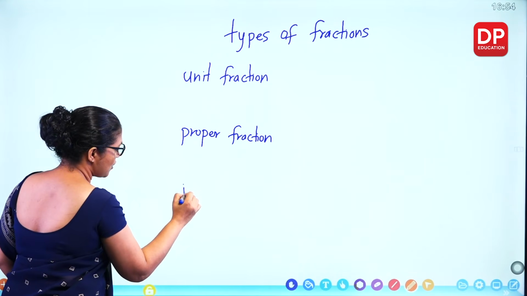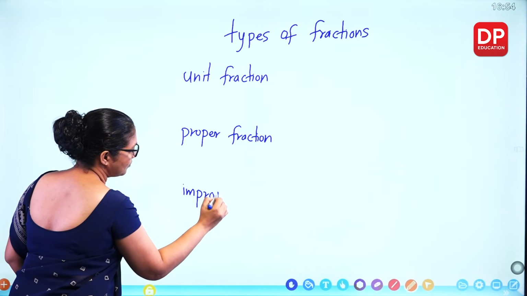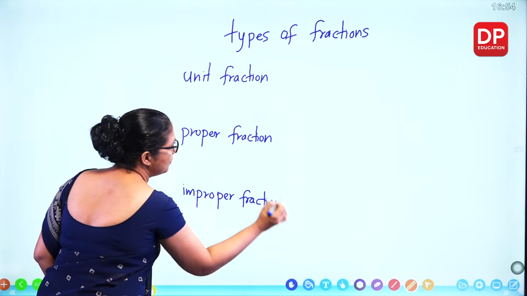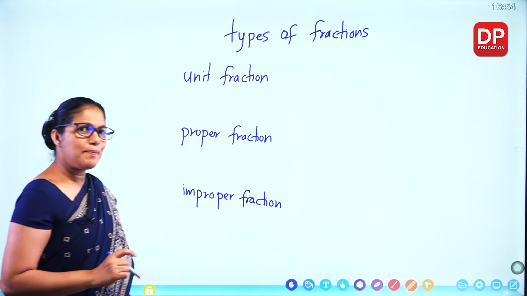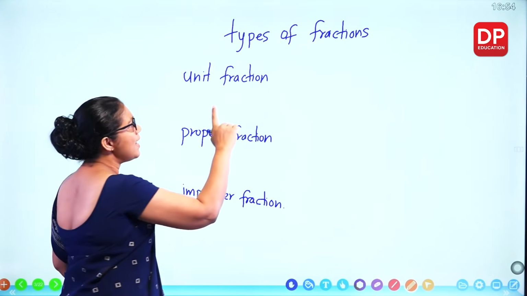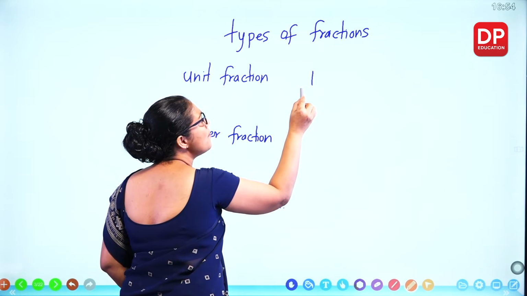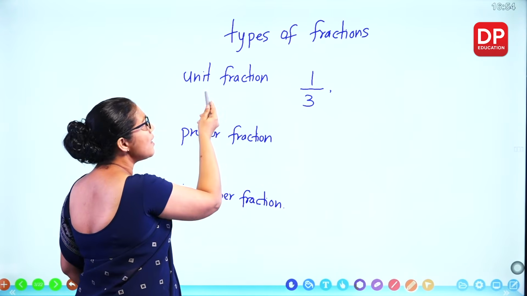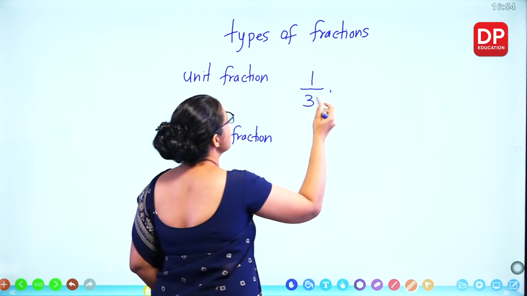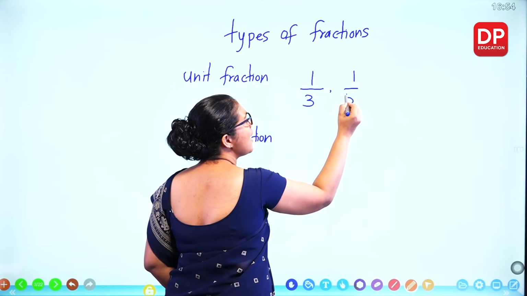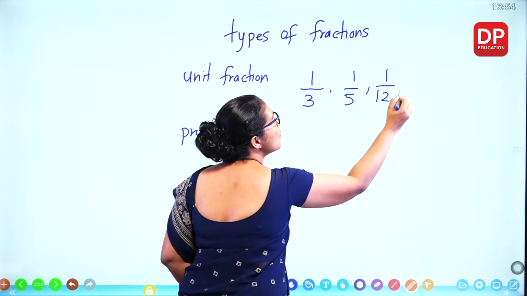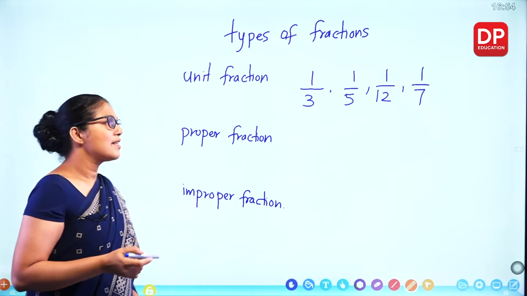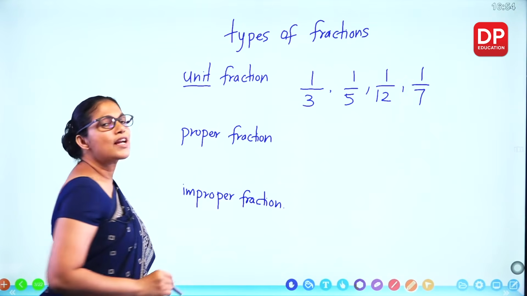What is an improper fraction? Okay, unit. What does unit mean? 1. When you get the numerator 1 with any denominator, like 1/3, we call those unit fractions. 1/3, 1/5, 1/12, 1 over 7. Can you see the numerator is always 1? So those are unit fractions.